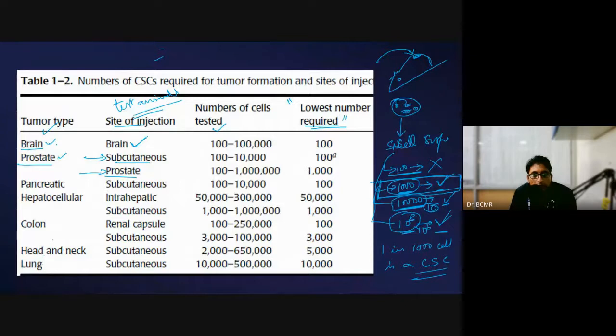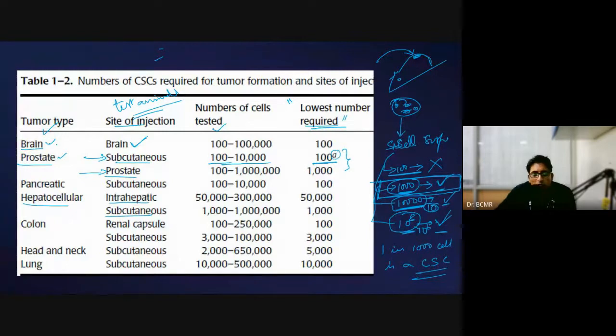Same way, the hepatocellular one, and it's given intrahepatic and subcutaneous. Say we'll just concentrate on prostate cancer here. So they have given 100,000, 5,000, and 10,000 cells probably. And what they have seen here is that the least number of cells required for the tumor to form is about 100.